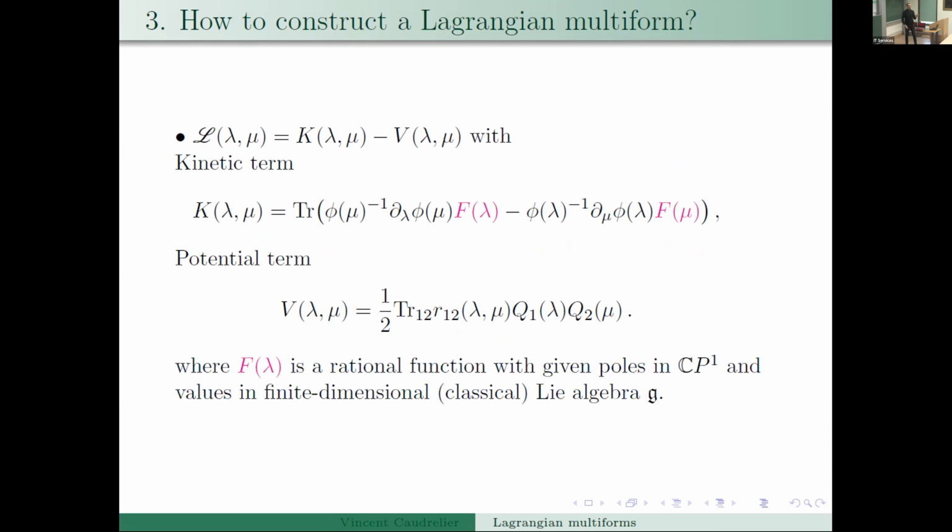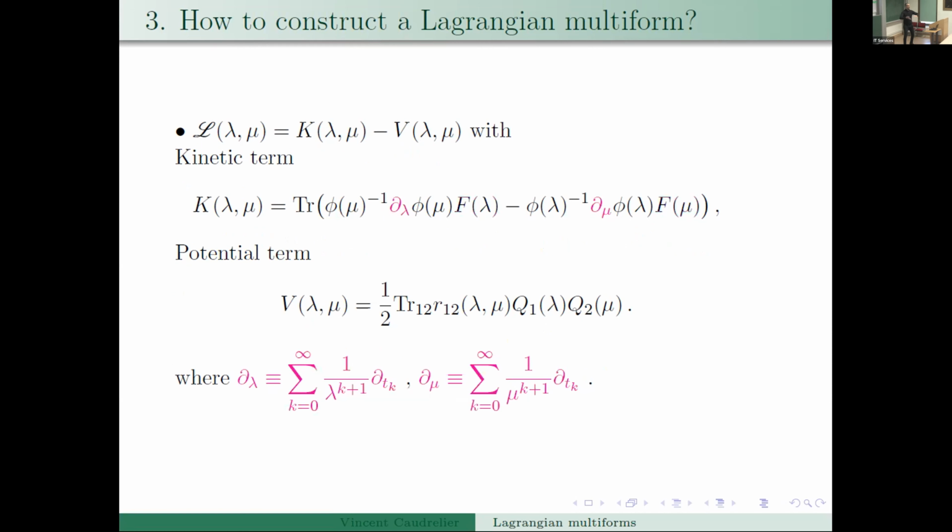Lots of ingredients. First of all, this function f. Function f is just some rational function with given poles, some in the sphere, and with values in some Lie algebra, but think of it as just a fixed matrix-valued rational function. Second ingredient, package all the flows in a generating function as well. That's what these derivatives mean.